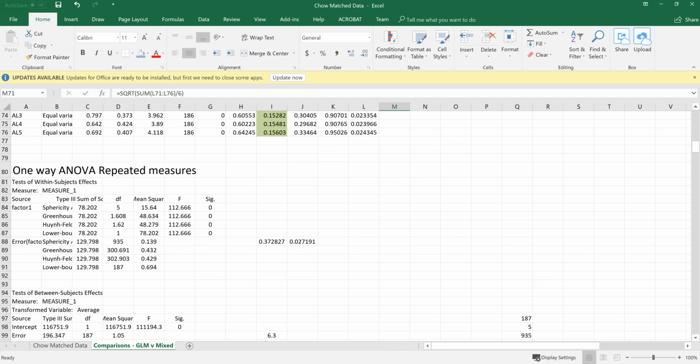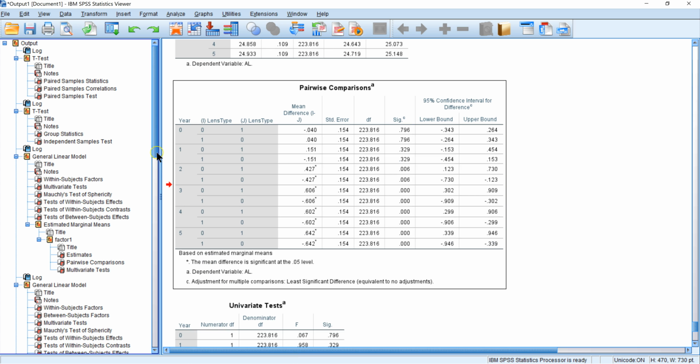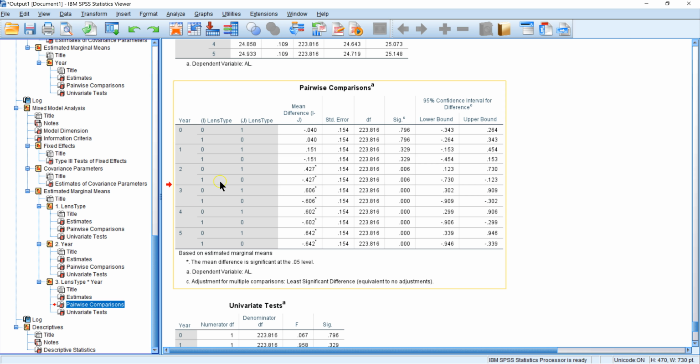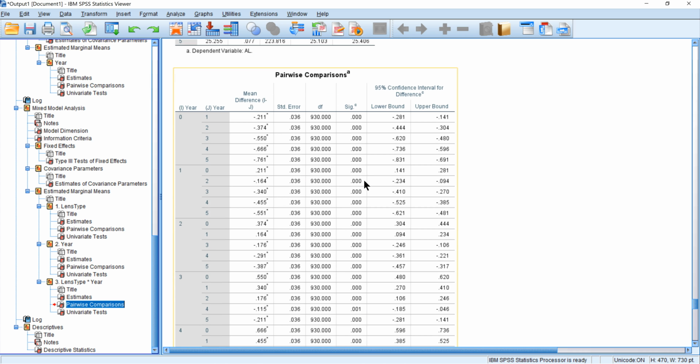One other thing I should point out is that when you pool the values, you're adding some power and sensitivity. In the case of SPSS, when they're pooling this, they're giving you a few more degrees of freedom somewhere along the line.